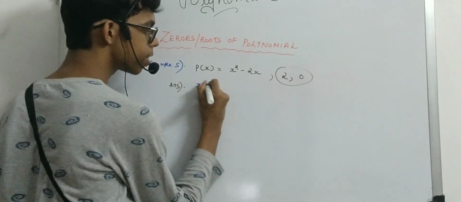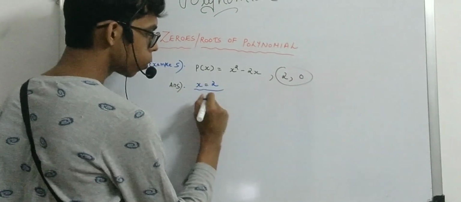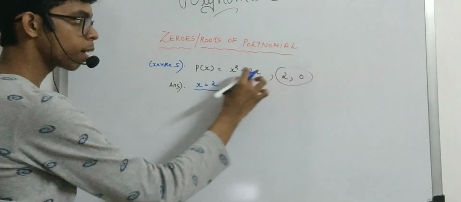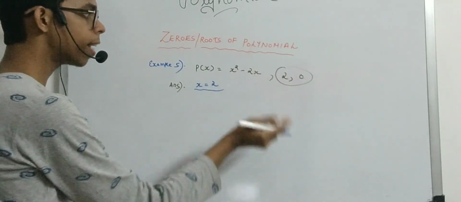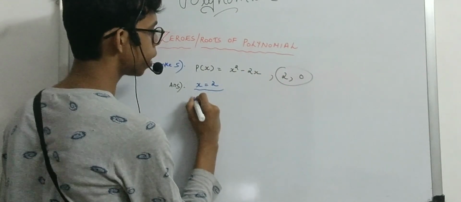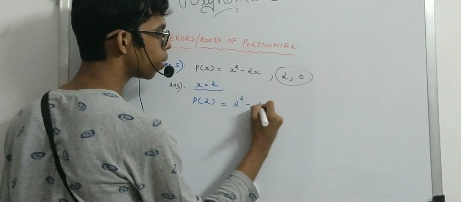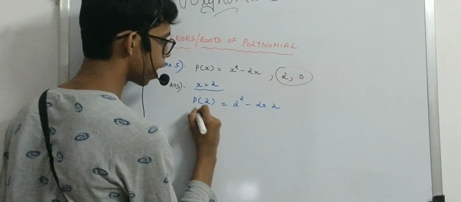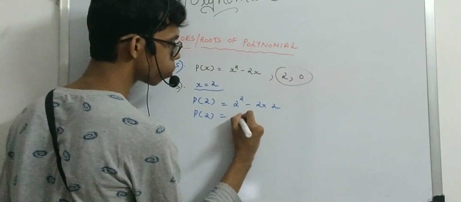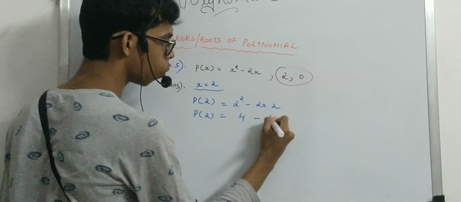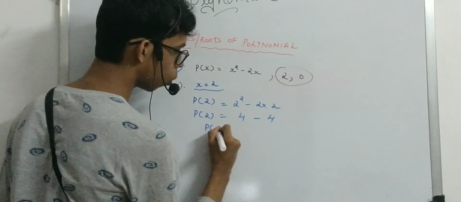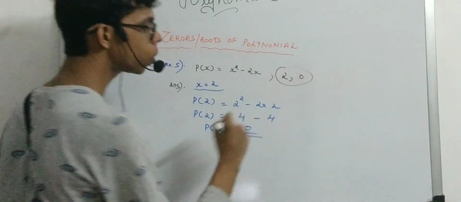When x is equal to 2, just substitute this 2 over here and see whether you are getting 0. So p of 2 is equal to 2 square minus 2 into 2. 2 square is 4, 2 into 2 is 4, 4 minus 4 is 0. So I will get p of 2 is equal to 0.